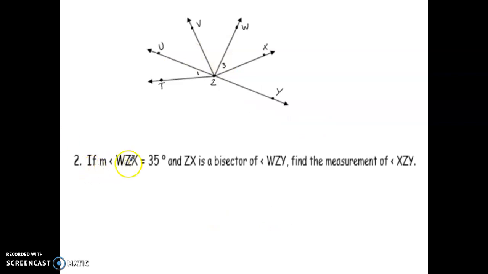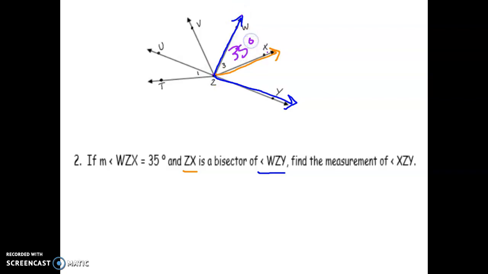All right, so number 2, the measure of WZX is 35. Here's my bisector. ZX is a bisector of my entire angle WZY. The other information it told us was that WZX is 35. So here's WZX, which is actually the same as angle 3.